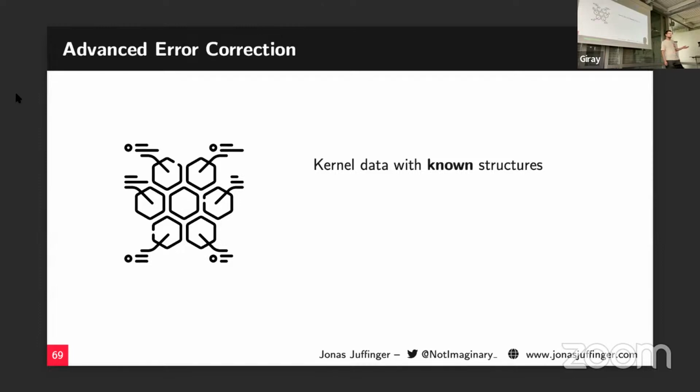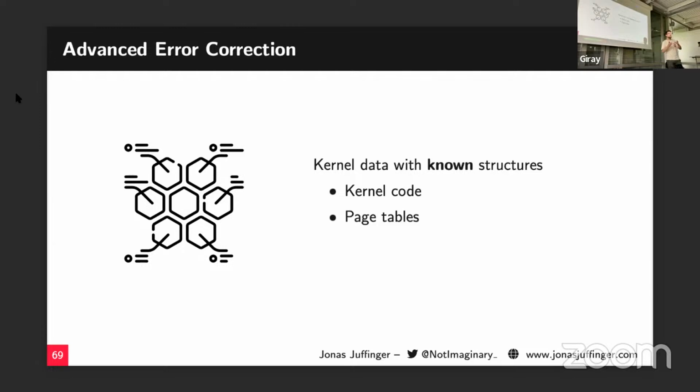There are other options. The kernel data, we know the structure of a lot of kernel data. For example, the code, as we said, we can reload it from the disk. Page tables, for example. We know what page tables look like. We know which bits in the page table are, for example, forced to be 0. If we do a brute force search, we don't have to check these bits.